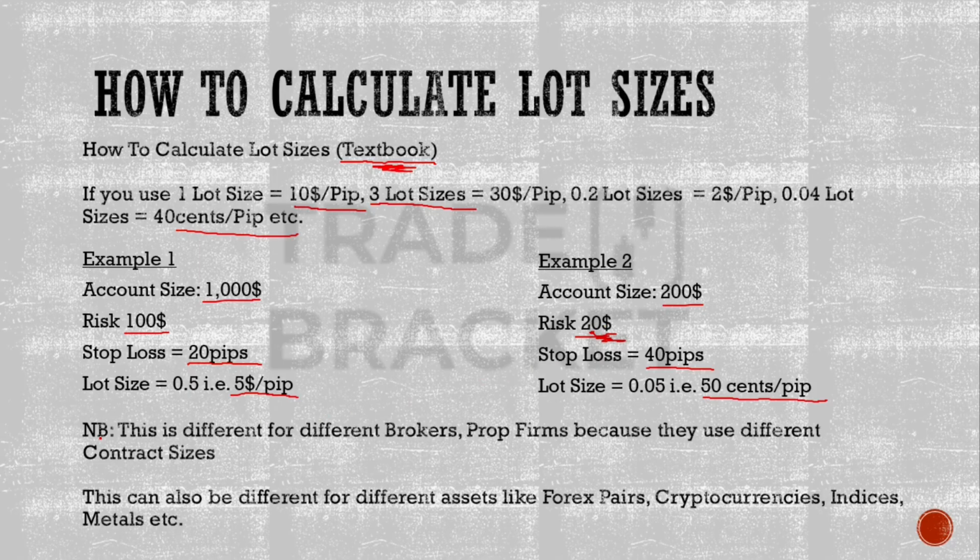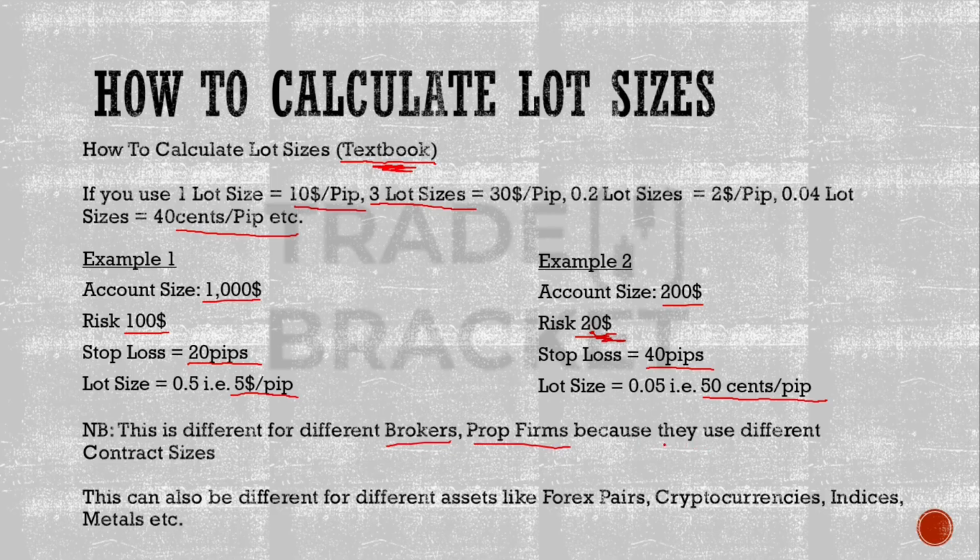Now this right here is the last part, and this is the reason why I actually made this video, guys. Like you see, it says this is different for different brokers, different prop firms.